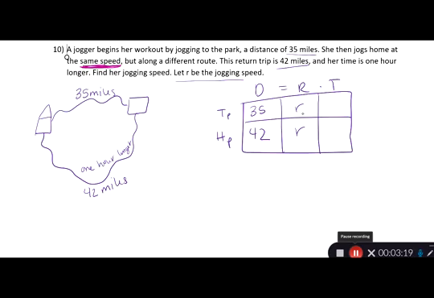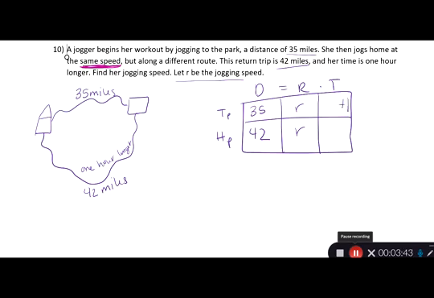So they're both rate. And then the connection that we know is that the times are not equal, right? Like we were used to, but the time home takes 1 hour longer. So what we're actually going to do is add 1 to the first half. We're going to add 1 hour to the trip to the park.